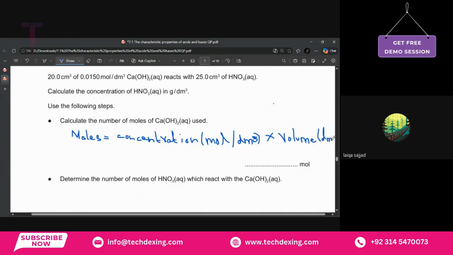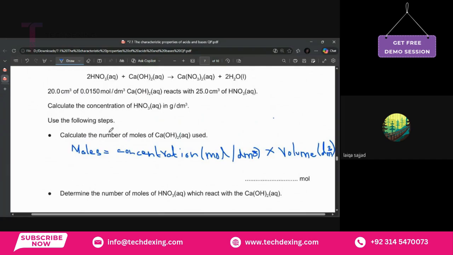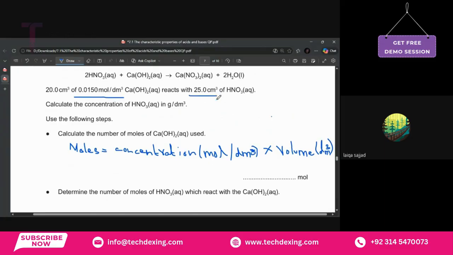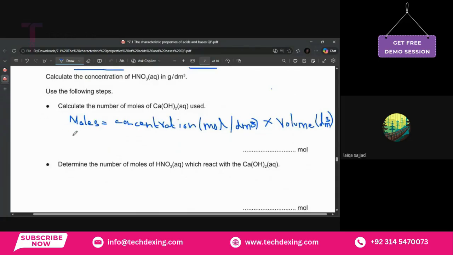The units must be the same. If the concentration is in mole per decimeter cube, then the volume must also be in decimeter cube. Looking at the statement, the concentration is given in mole per decimeter cube, but the volume is 25 centimeter cube. So first we have to convert the volume from centimeter cube to decimeter cube. How can I convert 20 centimeter cube into decimeter cube?